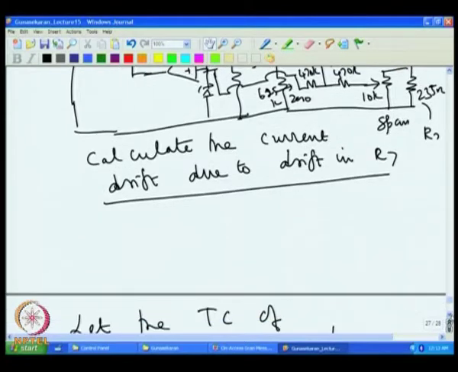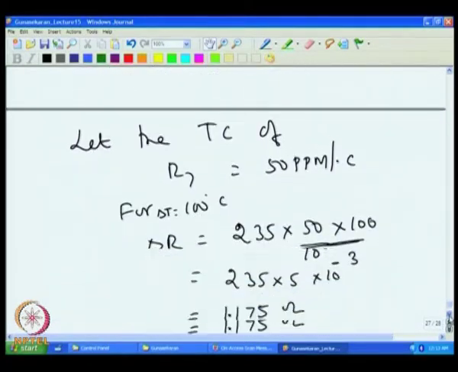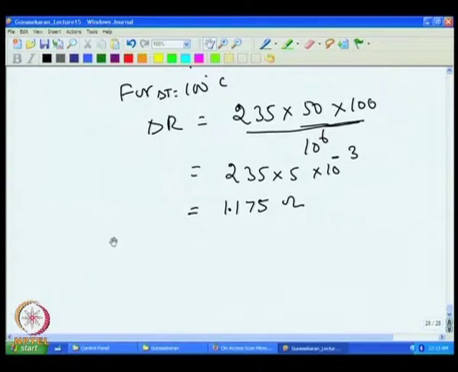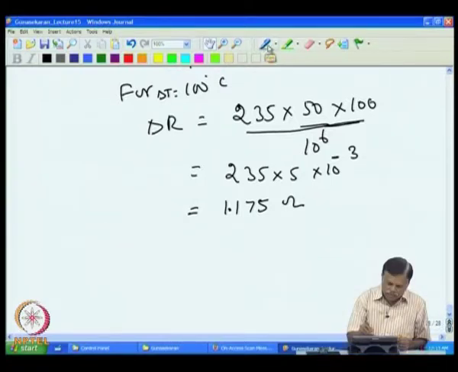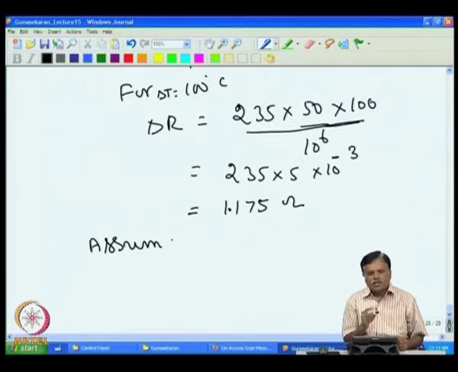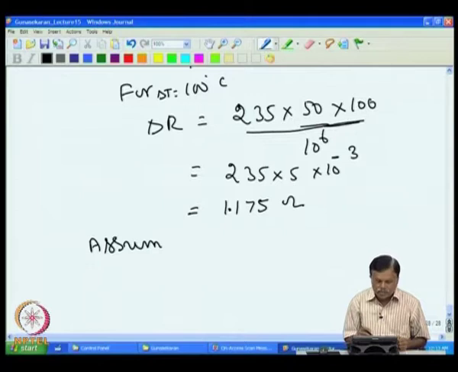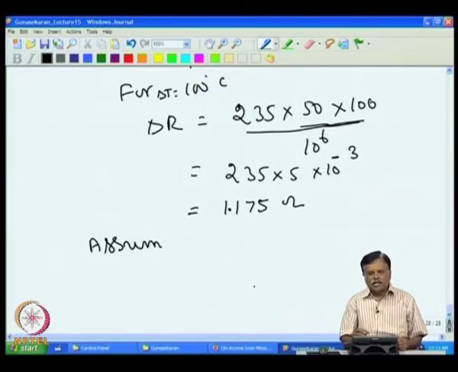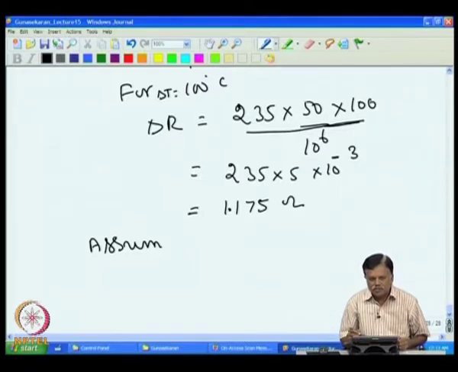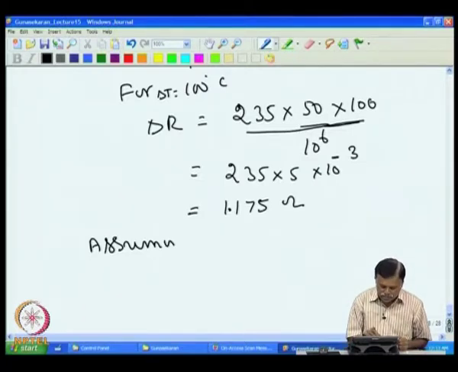So, what we do is assume the current flowing is 16 milliampere, because normally you have 20 milliampere current, of which 4 milliampere comes from the other part of the circuit. Normally the current through this will be around 16 to 17 milliampere. So, we assume here it is 16 milliampere current.